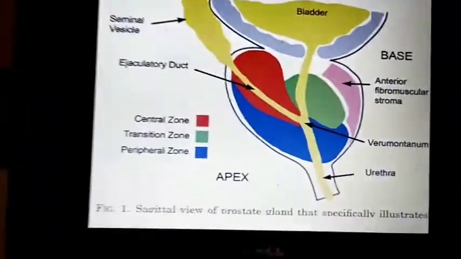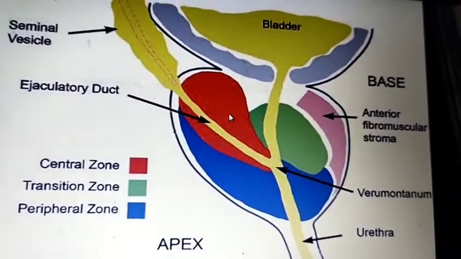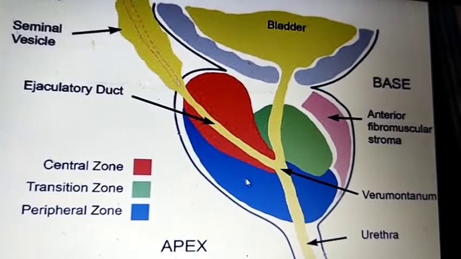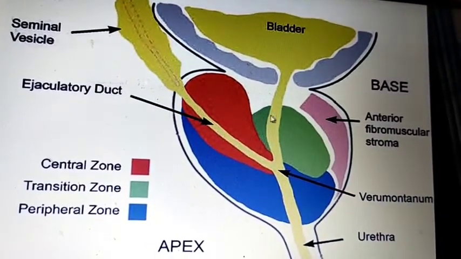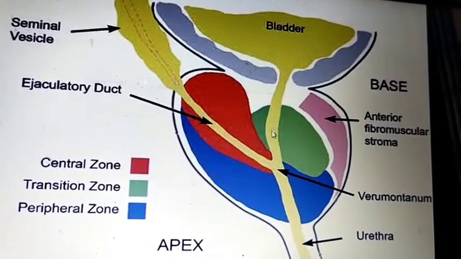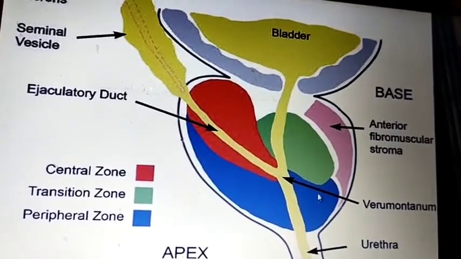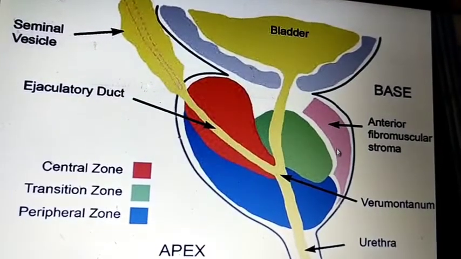In red you can see the central zone, this is the peripheral zone, and this is the transitional zone. Here the urethra is mainly covered by the transitional zone, and just above the transitional and peripheral zones is the anterior fibromuscular zone.